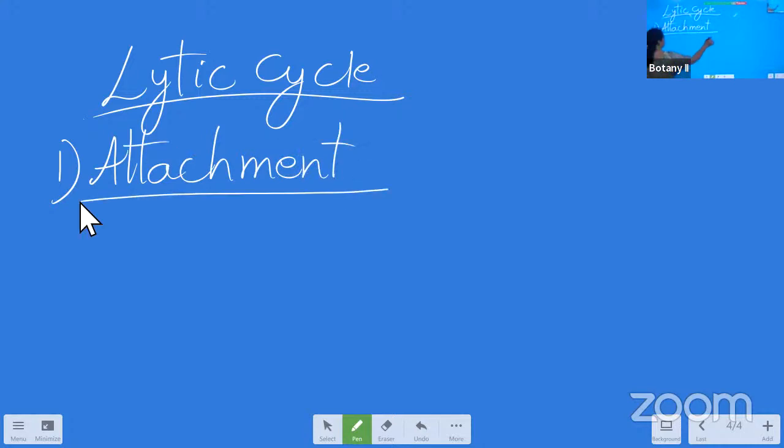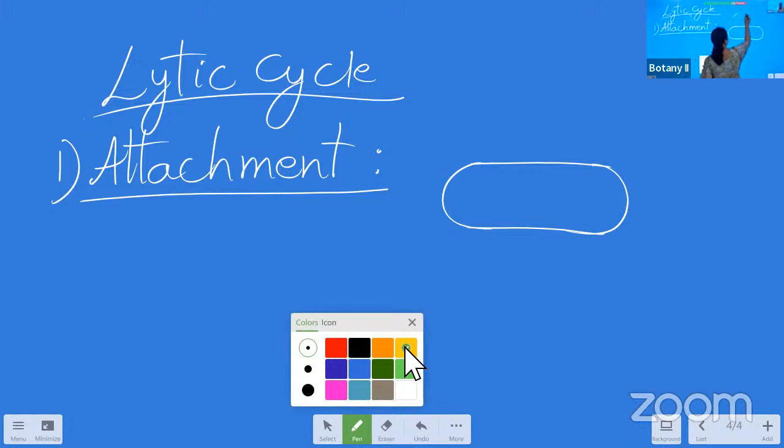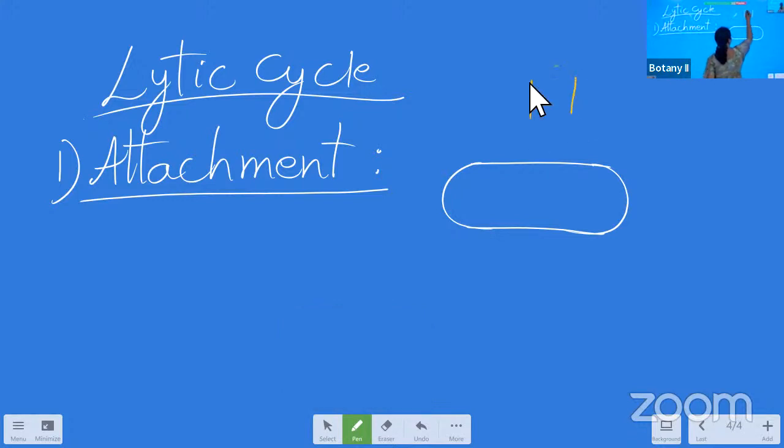Attachment means when the viral organism attaches itself to, otherwise attacks, the bacteria and holds the bacteria. This is the bacteria, which is a rod-shaped bacteria, that is a bacilli type. And for this, the viral organism gives the infection.